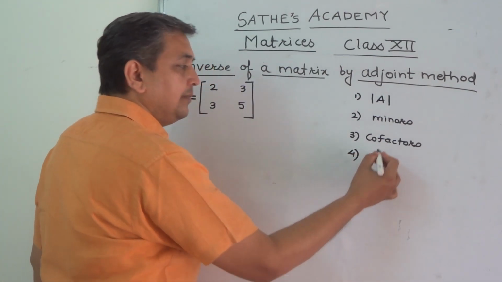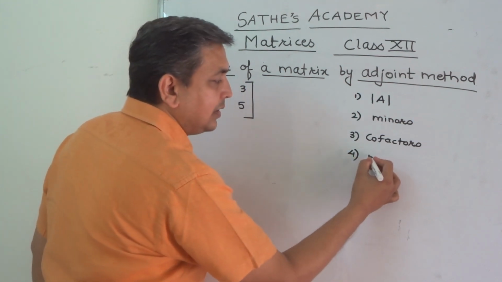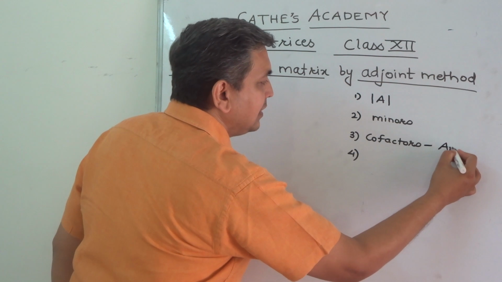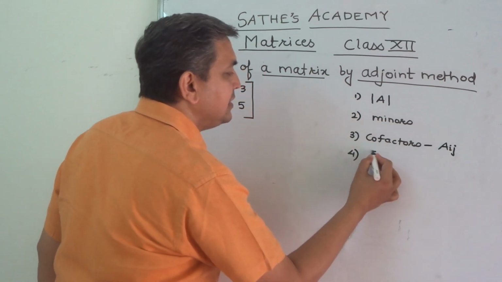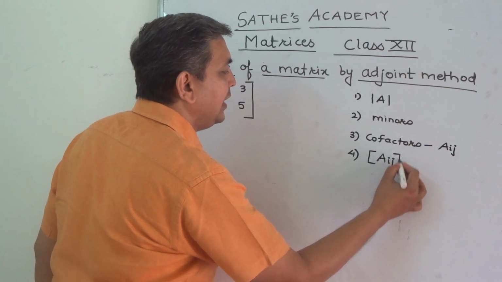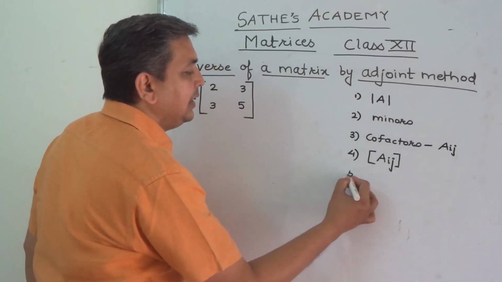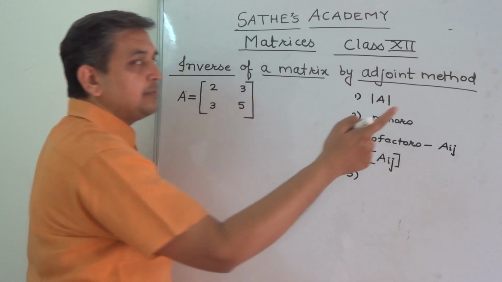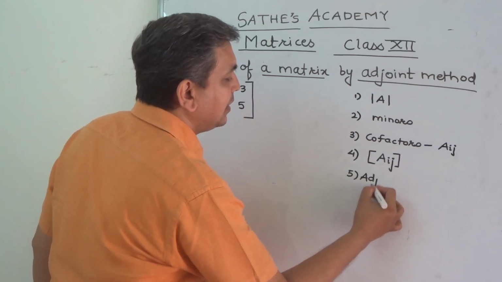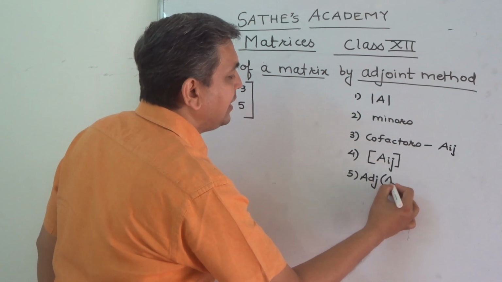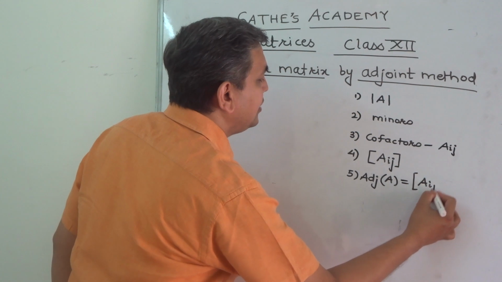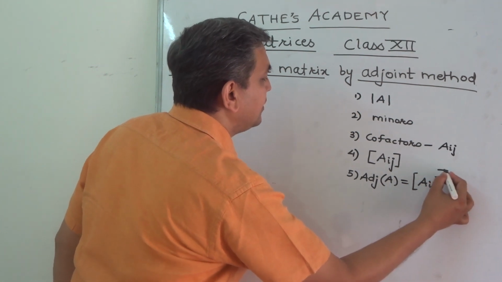Then we find the matrix of cofactors. If we denote cofactors as Aij, then we say matrix of cofactors, matrix of Aij, and then we find its transpose, and that is called adjoint of matrix A, which is given by Aij transpose.